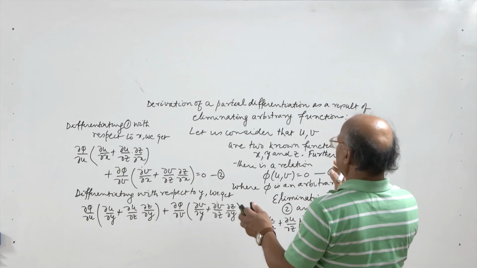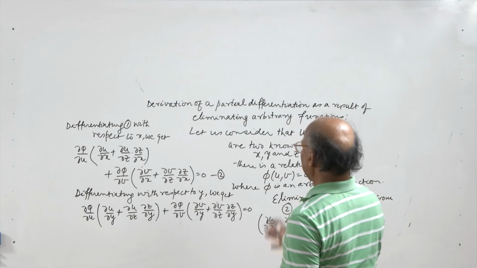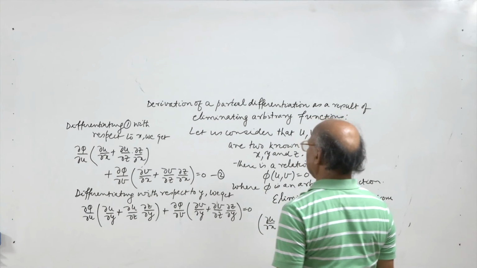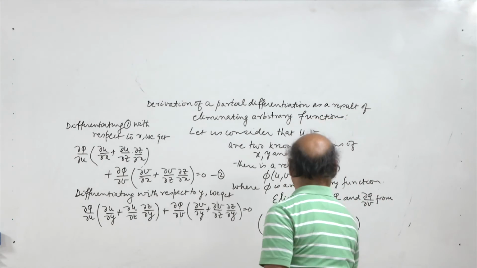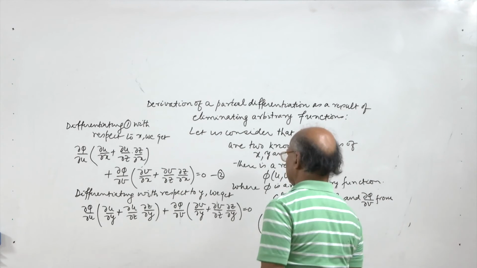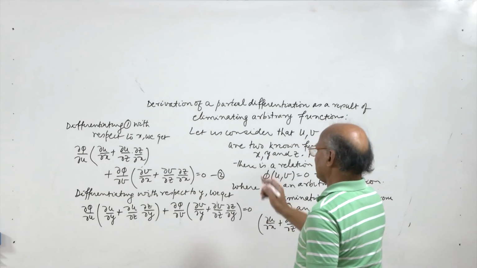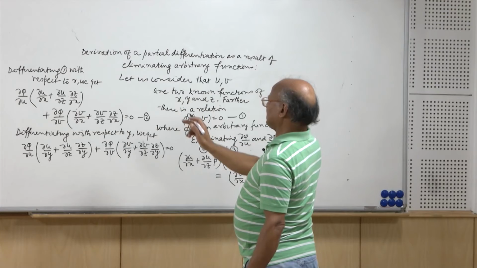I can write it as equal to, and then I can divide. So, I will get minus sign, and minus sign will cancel. So this into that, this into this.